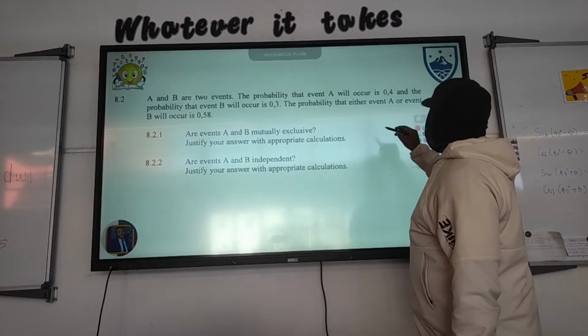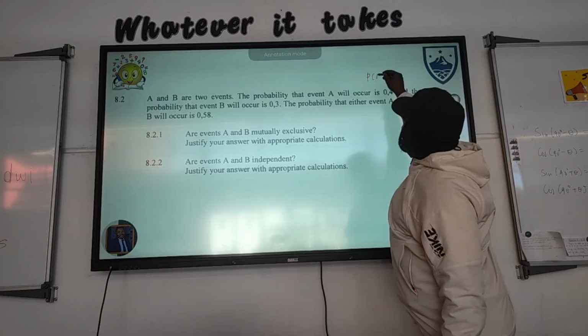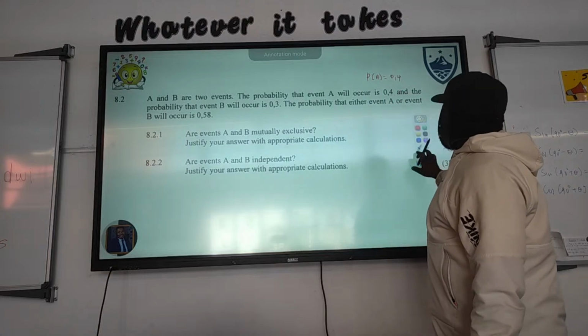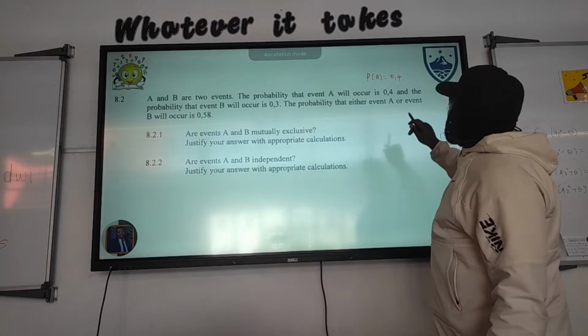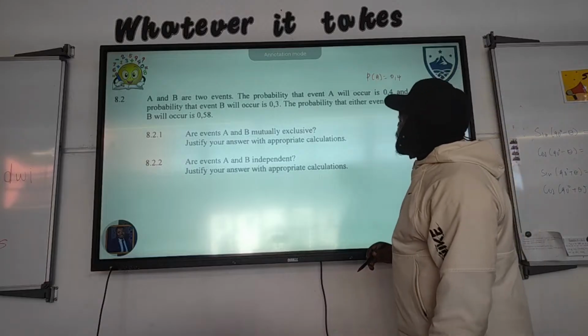The first part: the probability of event A happening is 0.4, and the probability of event B happening is 0.3.